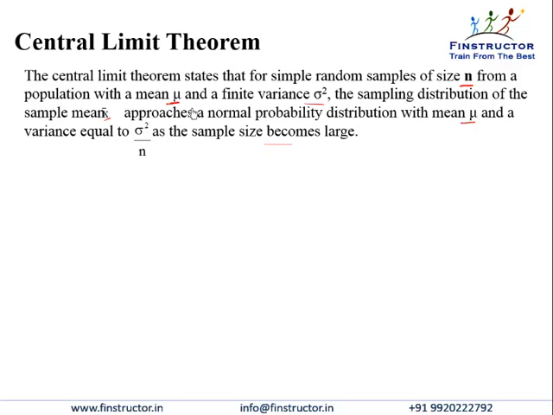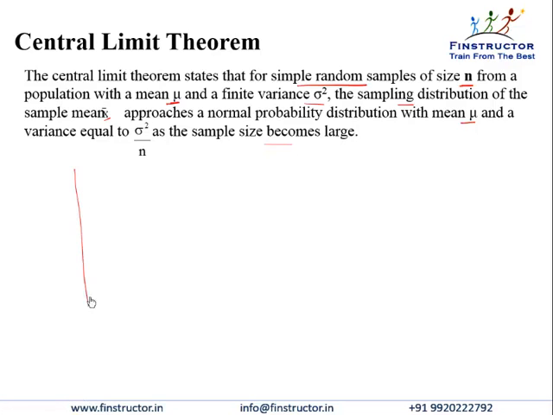So it says that the population can be any distribution. The population needn't be a normal distribution. However, if we are taking simple random samples, then the sampling distribution, that is the distribution of the sample means, will always be close to a normal probability distribution.